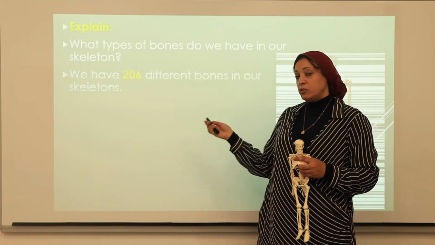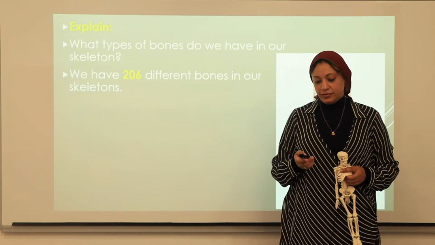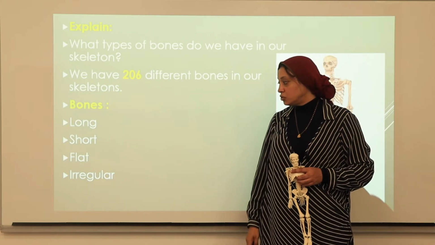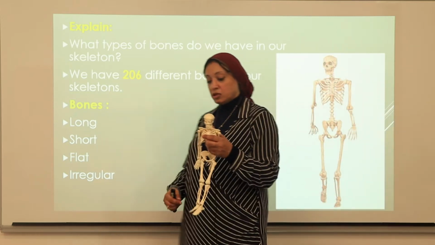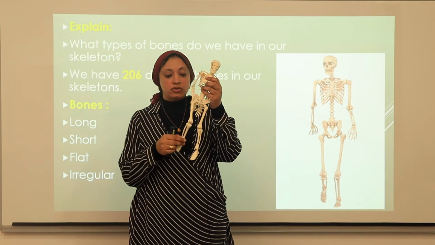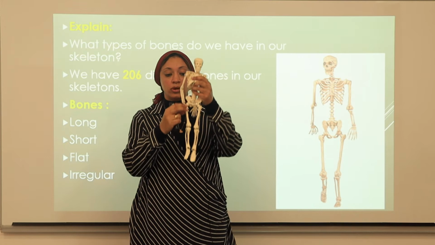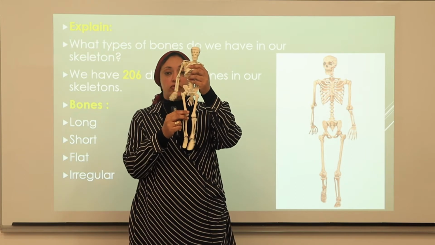We have 206 different bones in our skeleton. Some of them are long, some are short, flat, and irregular. The long bones, like the bones in your arm and your leg, and the longest one is your thigh bone, the upper part of your leg.